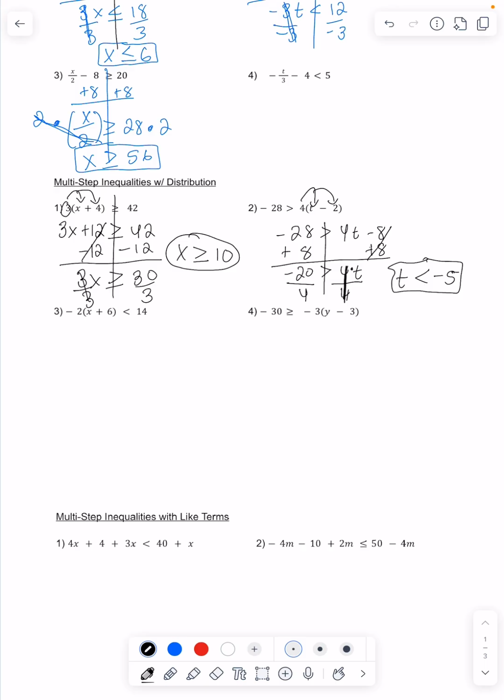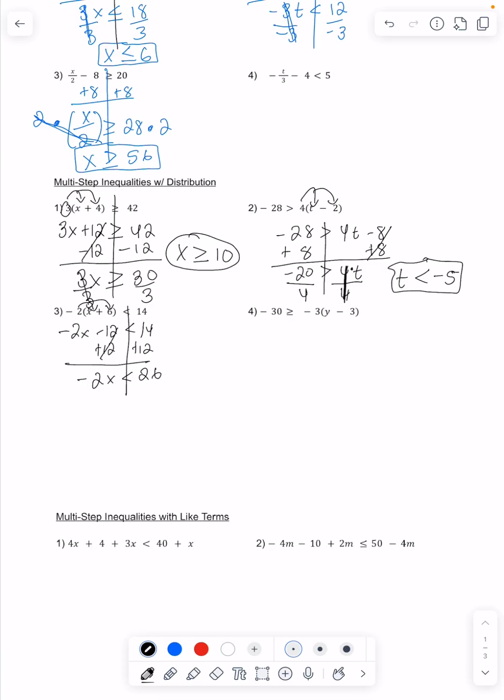Now here, same thing, distribute that negative 2, so we get negative 2x. Negative 2 times 6 is negative 12, is less than 14. Add 12 to both sides. We get negative 2x is less than 14 plus 12, which gives us 26.